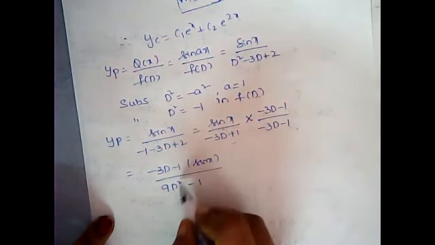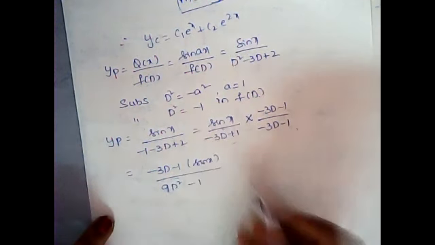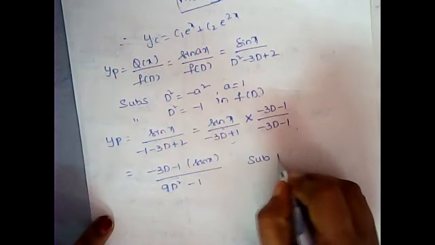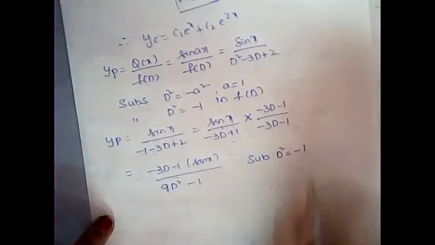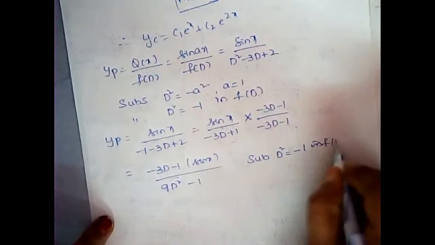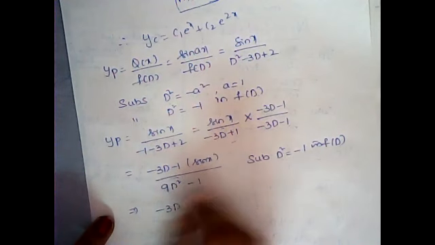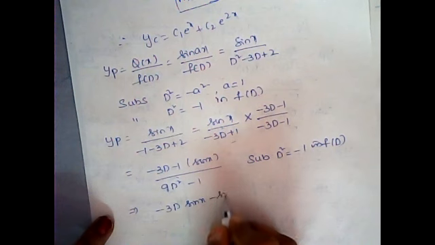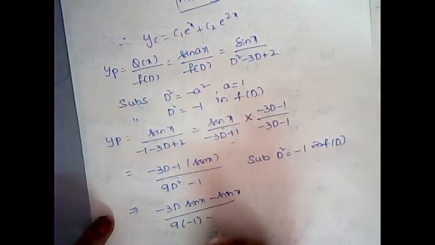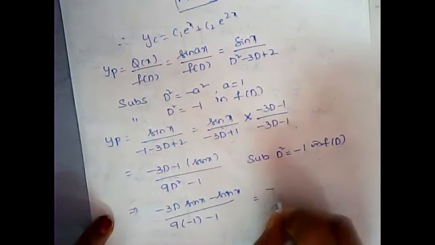Now here I got the term D squared. Now substituting D squared equals minus 1 in f(D), and multiplying minus 3D separately, we get minus 3D sine x minus sine x by 9 into minus 1 minus 1. What is D here?